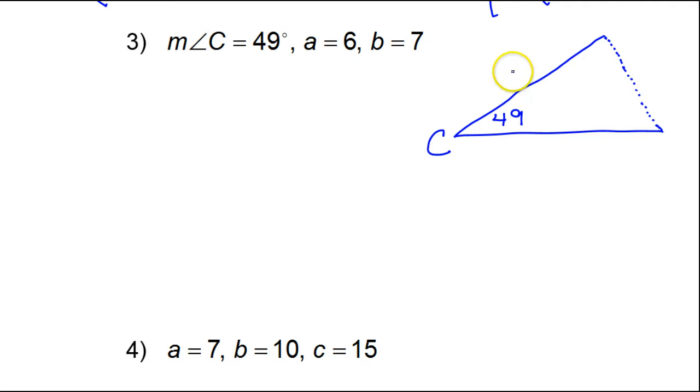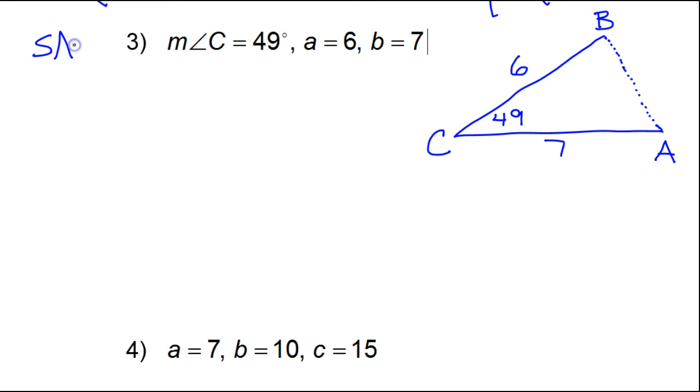It doesn't matter where you put these, but they have to be these two sides. So for example, if I put the 6 here, that would make this angle A over here. And if I put the 7 down here, that would make this angle B up here.